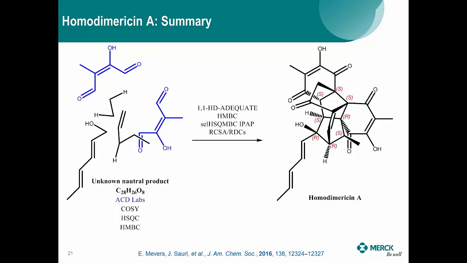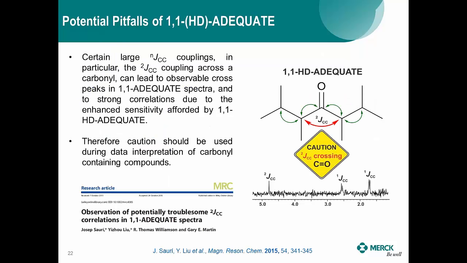All right, so at this point, I want to make a good point here, because as we were using the 1,1-ADEQUATE more and more, we realized that there are some potential pitfalls of this experiment that we need to know in order to avoid any misassignment.